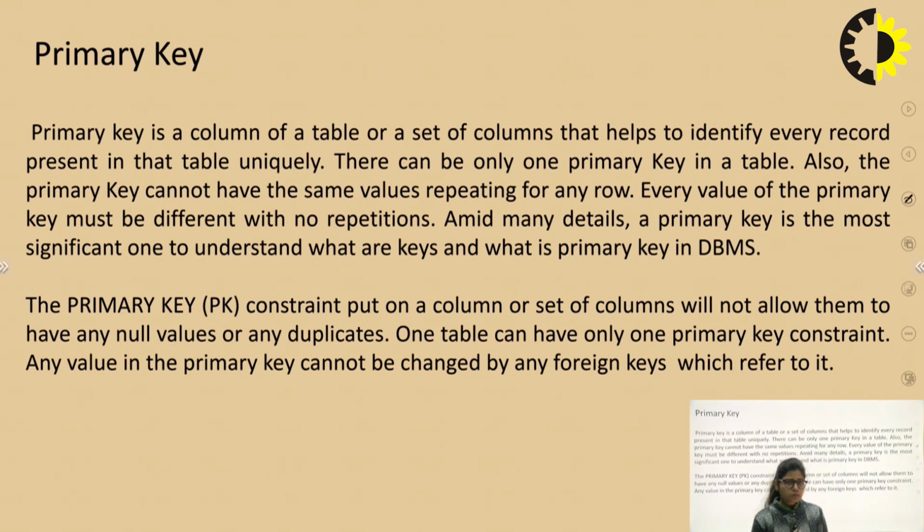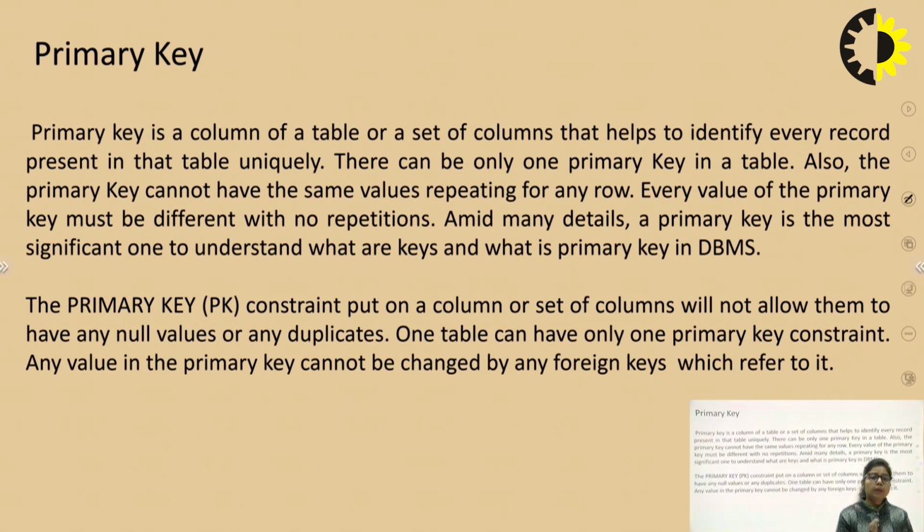Next, the primary key is the most significant one to understand what keys are and what a primary key is in DBMS. The primary key constraint put on a column or a set of columns will not allow any null value or duplicate value. One table has only one primary key.